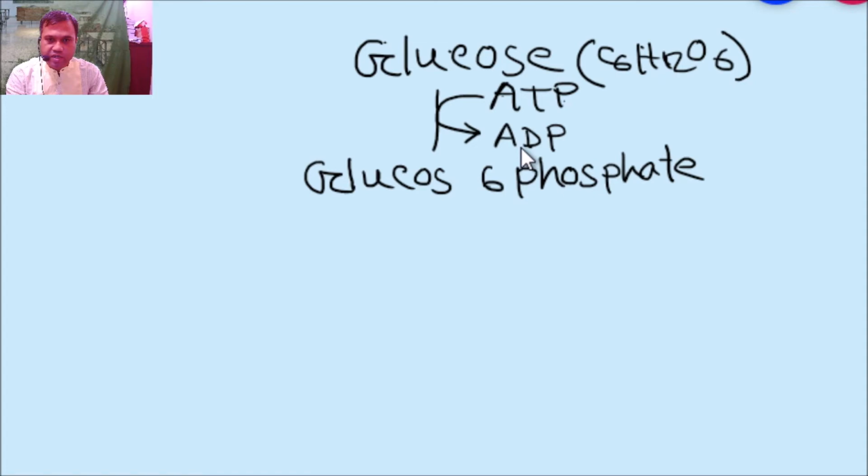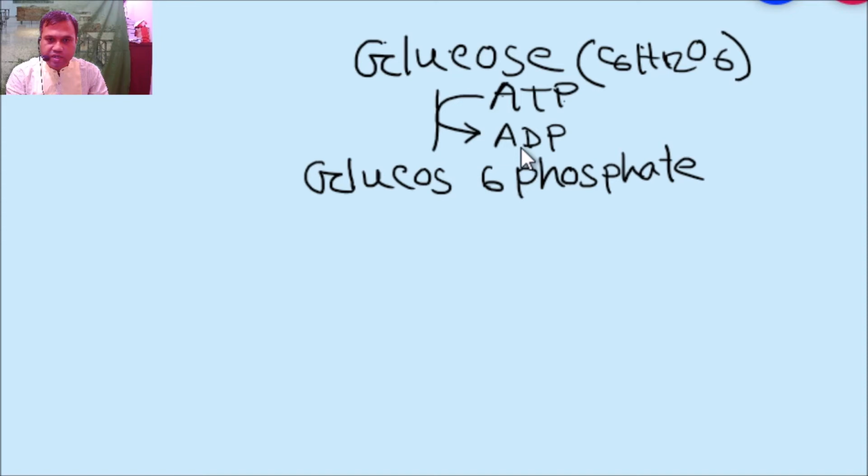The enzyme name is phosphoglucoisomerase. That means we first write the name of the side chain, then the main body of the substrate, and then the main enzyme name.